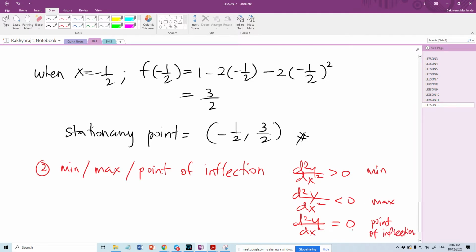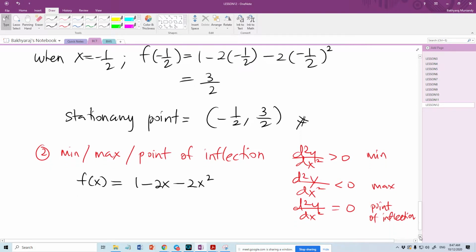Okay, so ini basic dia. Now, how to get d square y over dx square? Then we need to get the function to the second order. Okay, kita kena dapat sampai second order. So function f(x) equal, just now, 1 minus 2x minus 2x square. Now you need to go first order, second order.